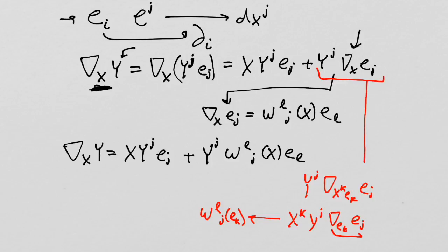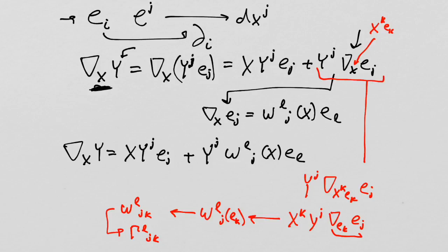Then this thing here, we could just have renamed omega L J K, and ultimately that is going to be the connection coefficients, L, J, K. So that's another shortcut we could have taken earlier by using our vector expansion, x^k e_k, right there, and then the linearity of things.